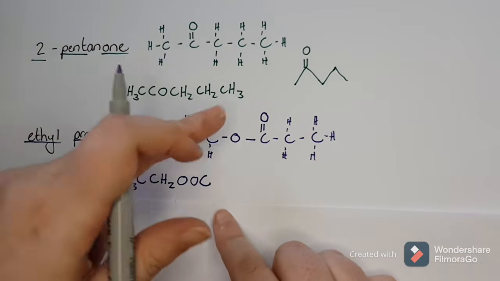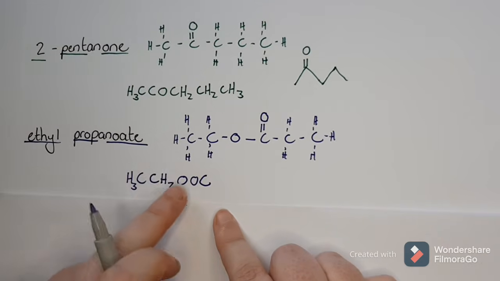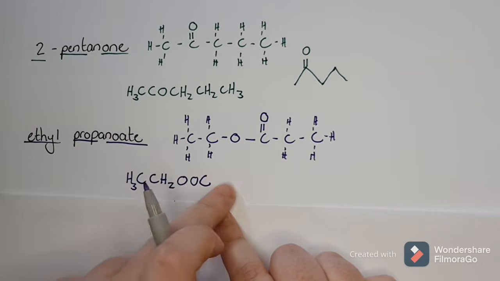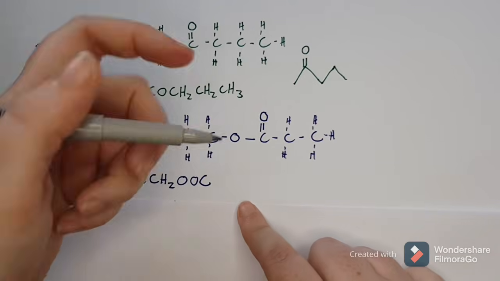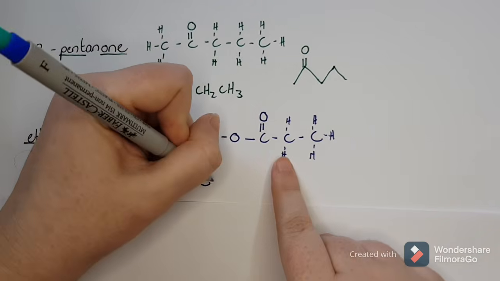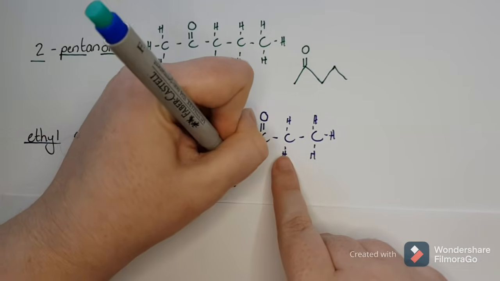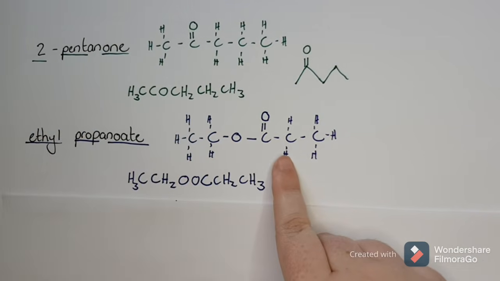So when we write structurally for an ester, we always say O in the middle, and that's how we know that we're referring to an ester. And then I've got a CH2 and then a CH3.